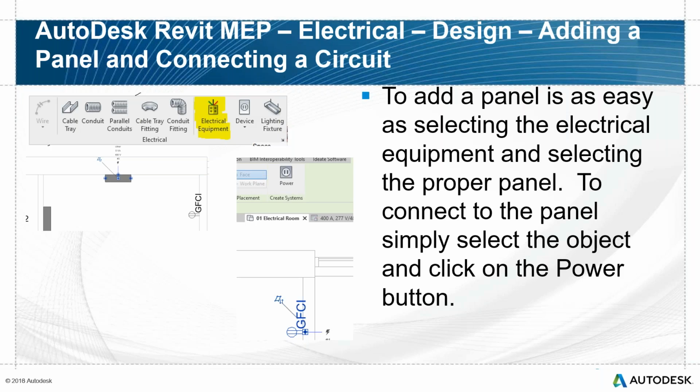The panel's easy, it's simple, and we're going to use the proper tools. So when we create that power, then we can hook that to a transformer or whatever downline piece of equipment. So your order is to place and to create.